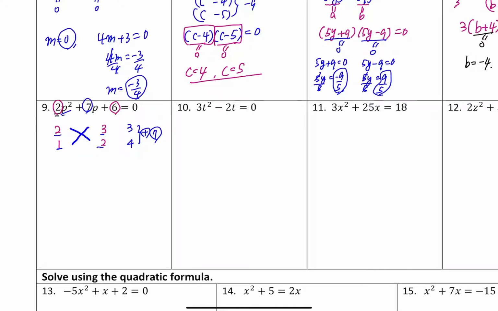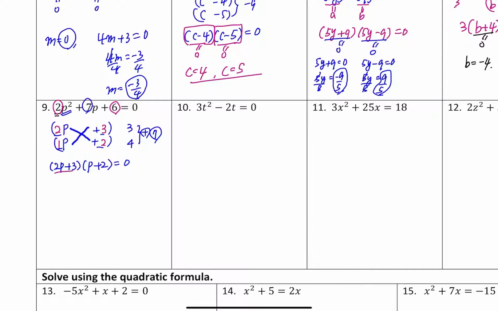And there are two p's, right? P squared. So you place one p here, the other p here. And this is definitely positive 3, positive 2. This is how you factor these quadratic trinomial when leading coefficient is not 1. All right, I'm going to rewrite the factors. 2p plus 3, p plus 2 equals 0.